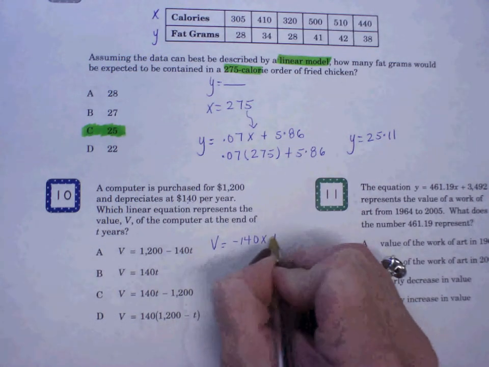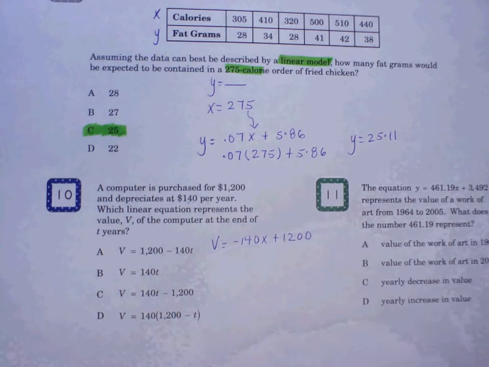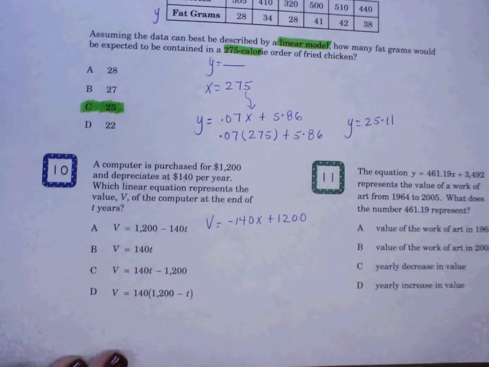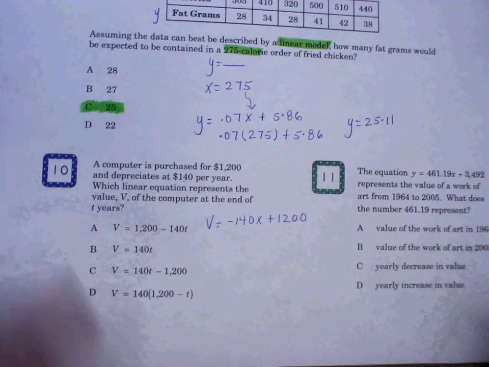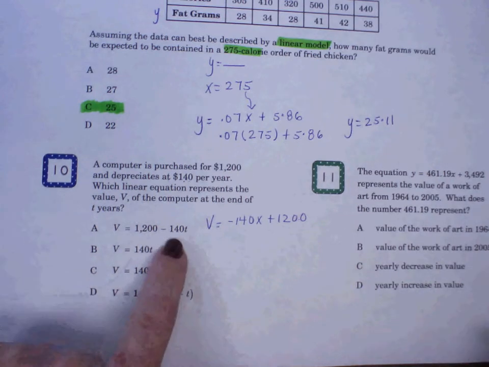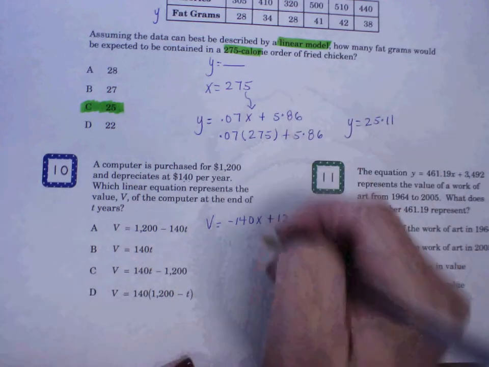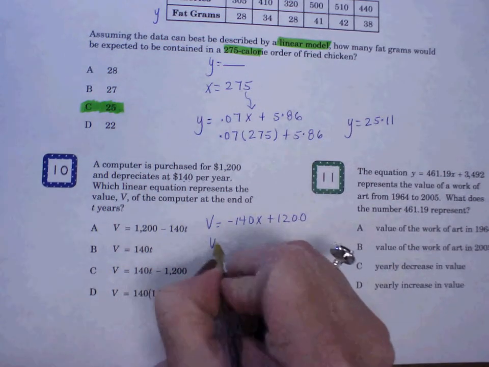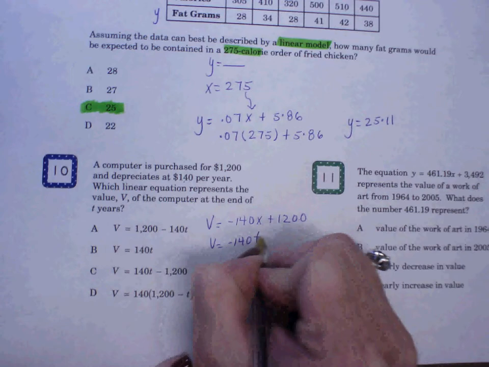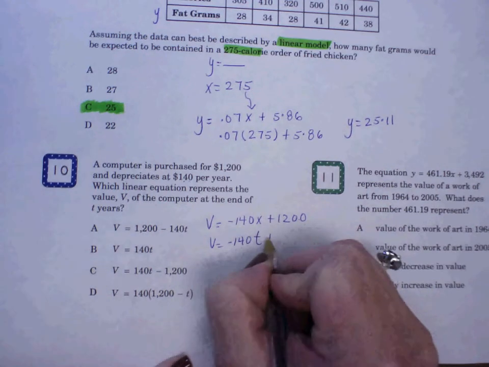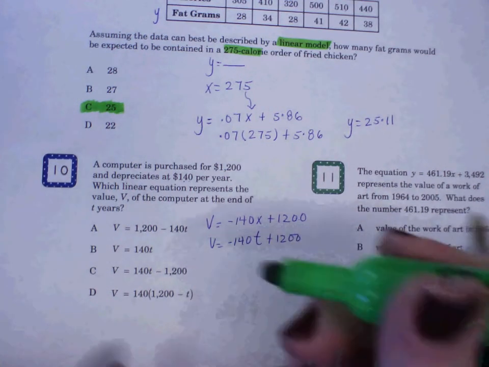And the initial value of the computer would be 1200. So the correct answer is negative 140t. That should be a t, not an x. I'm sorry. V equals negative 140t plus 1200. So the correct answer is A.